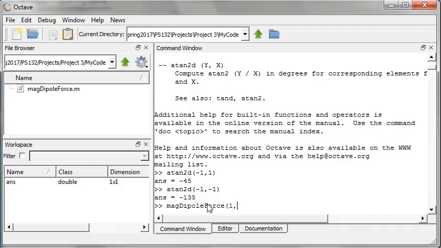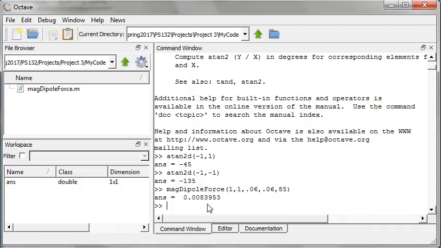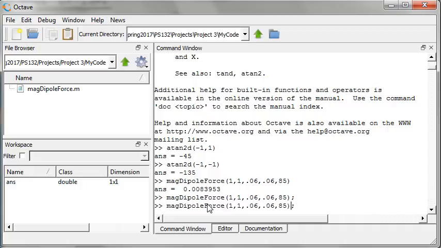I'm going to try 1, 1, and then let's call it 6 centimeters away, 0.06, 0.06, and then add an angle of 85 degrees. So at least we get a number. And I wanted to make sure that if I run it with a semicolon there, I get nothing.